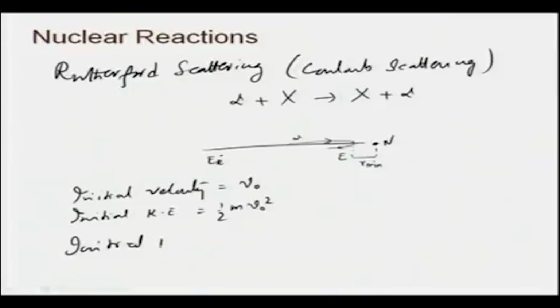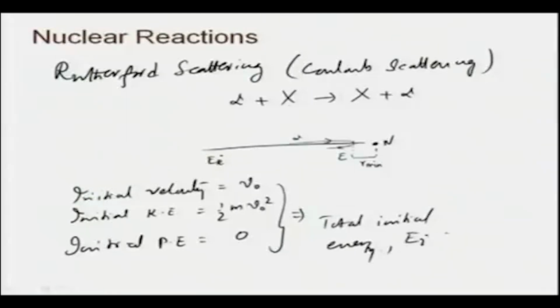The initial potential energy, let us say it is far away from the target nucleus to start with, is equal to 0. So the total initial energy E I is equal to half m V 0 square, only the kinetic energy.